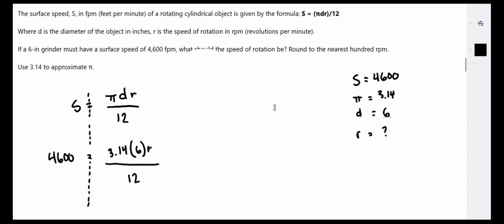Now, I just want to say for the record, when you are solving equations like this, you'll typically notice that even though surface speed is 2 words, we just use one S instead of SS. And for rotation, revolutions per minute, even though that's RPM, we just use a single R. The reason why is because D and R are 2 separate variables. D represents one number, R represents another.